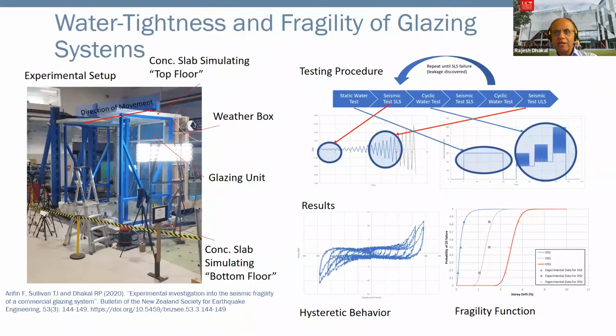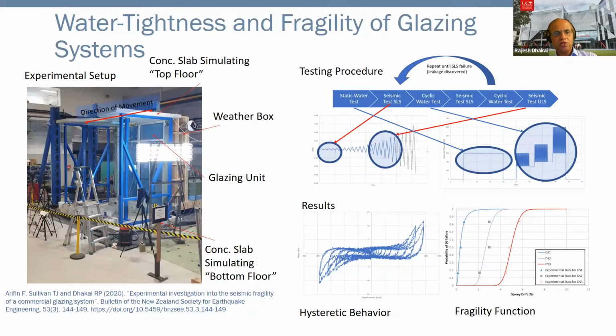The other project that is affiliated with BIP Theme 3 and co-funded by the Natural Hazards Research Platform was looking at the performance of glazing systems, and not just the seismic or structural mechanical performance, but also weather tightness and water tightness.